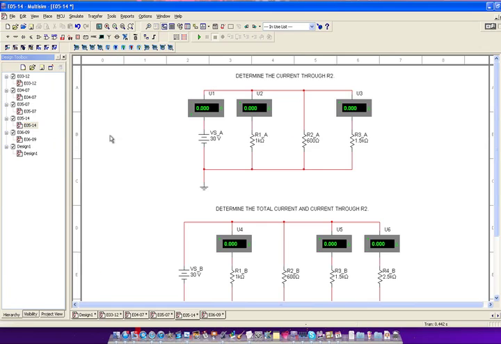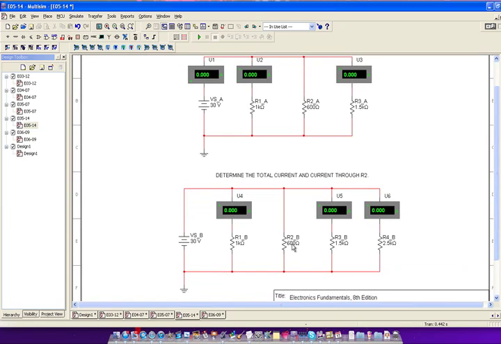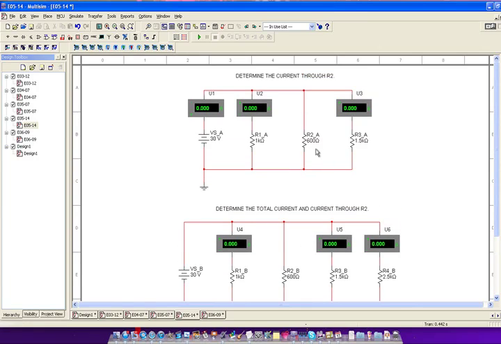In this problem, we're going to determine the current through R2 here, and also R2 here, R2A and R2B. For R2A, we want to verify that it is equal to I2 in the example 5.14 on page 188. So let's use something different this time. It's called the analysis for the DC operating points.